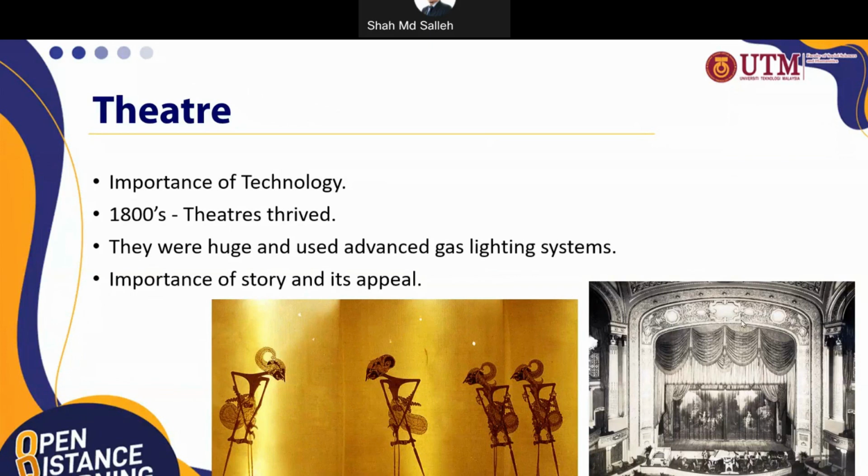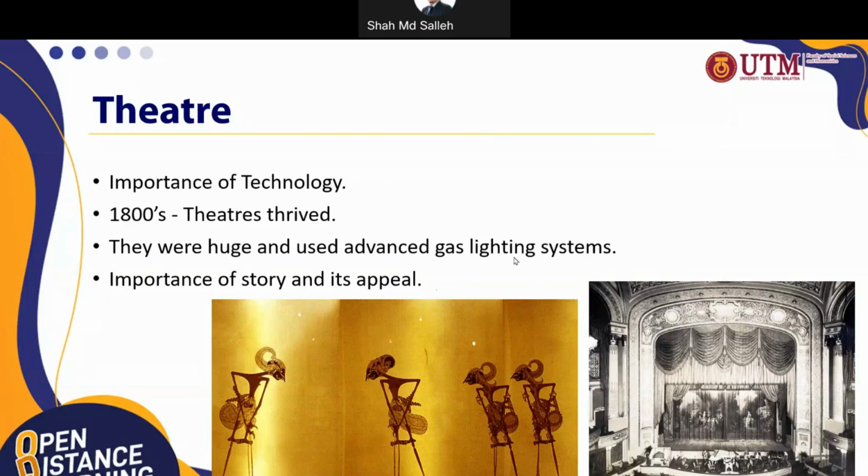Okay, manual gas lighting system, and then the importance of story and its appeal. Nowadays we are using spotlights and advanced lighting systems. But previously, in the 19th and 18th centuries, they were using gas lighting systems.